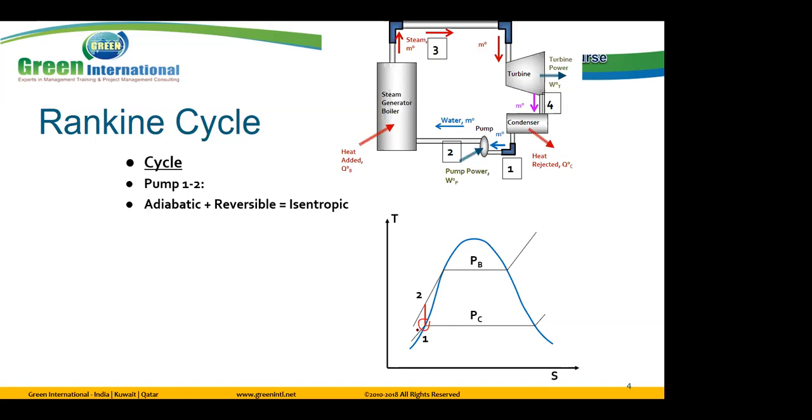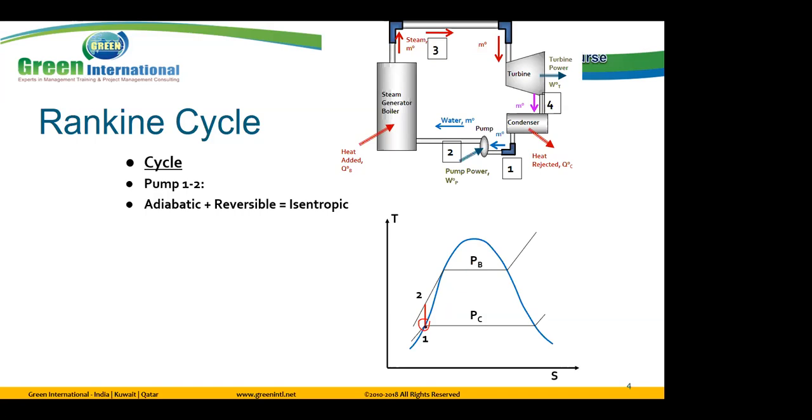Be sure there is no gas, no air, no vapor, no anything like this. It is fully water. So this line represents saturated liquid, and the other line here represents saturated steam.